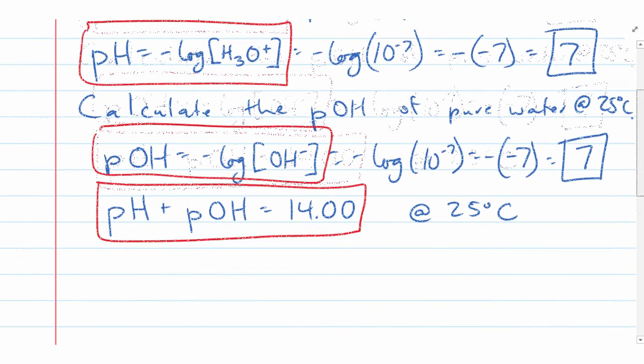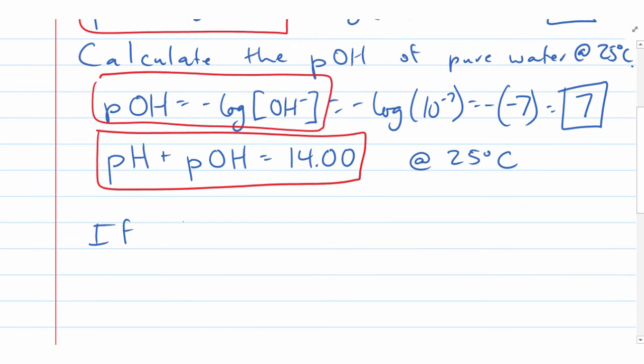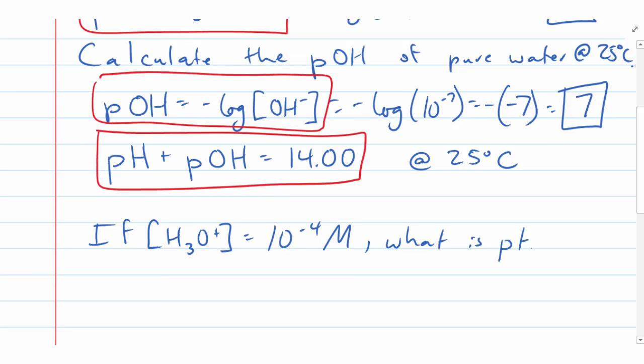Let's say the hydronium ion concentration is equal to 10 to the negative 4th molar, and we'd like to know what the pH and the pOH are. And these are the next two questions on the Socrative app.